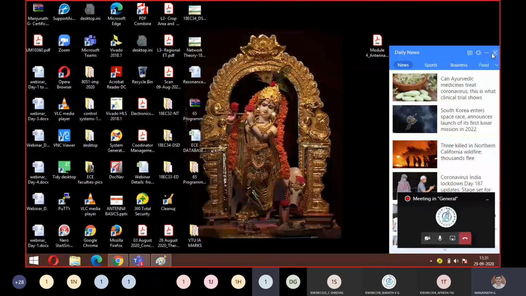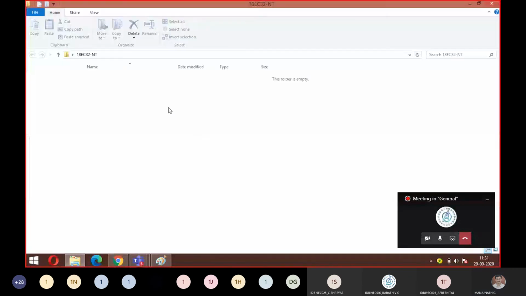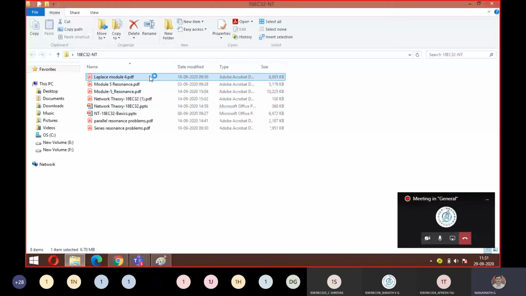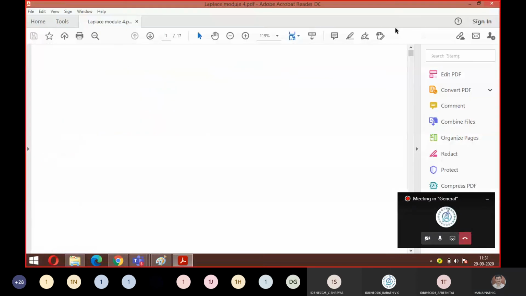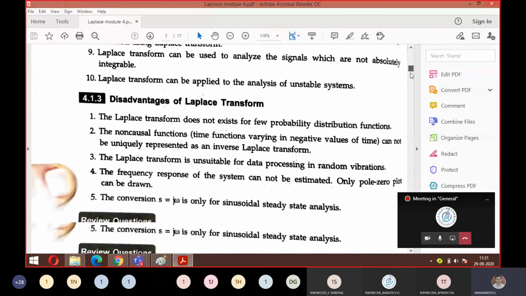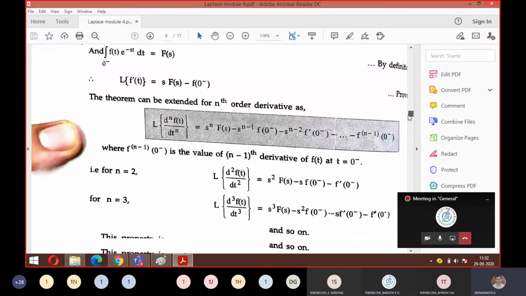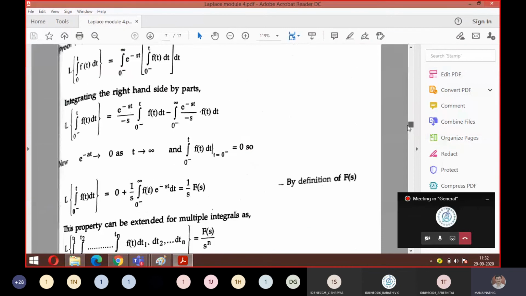Okay, I'll just share the PDF, one sec. Now the PDF is visible. Yes, sir. Okay, so straight away we'll move to the problem.